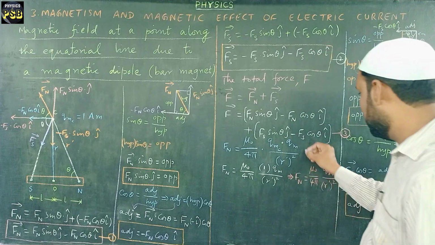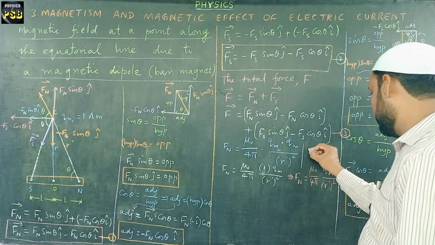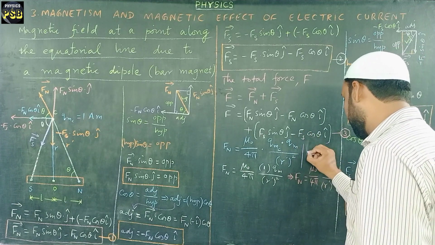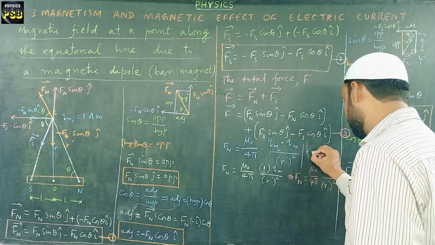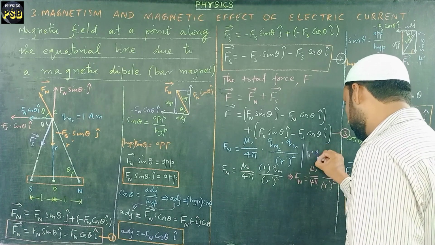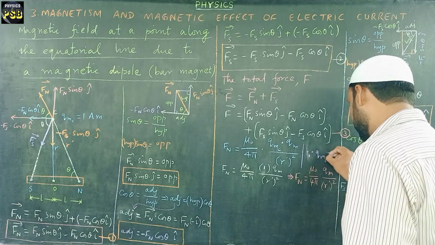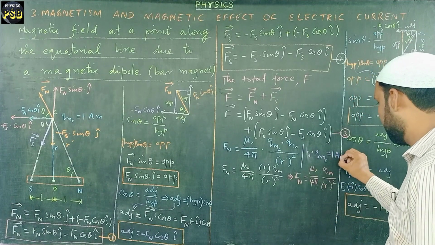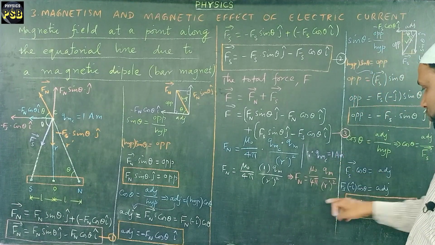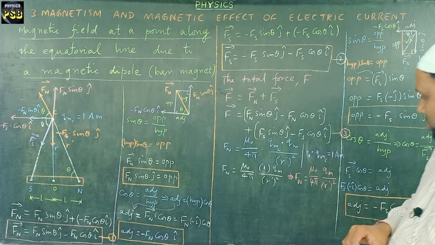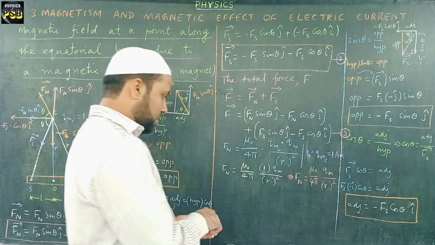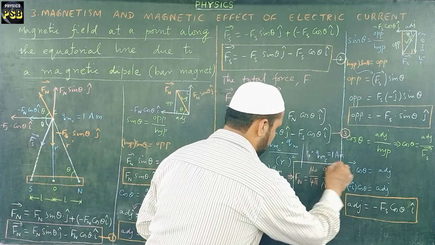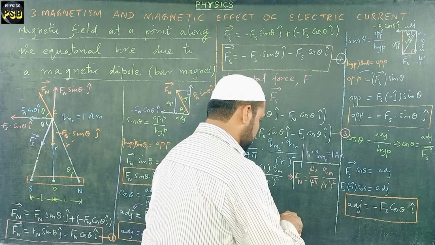For your understanding, I write here QmC, since QmC is equal to 1 ampere meter. So we have obtained this value. Okay, I box this for better visibility.